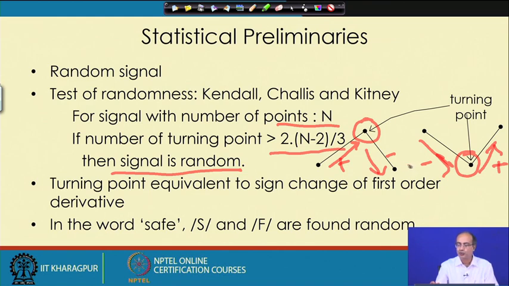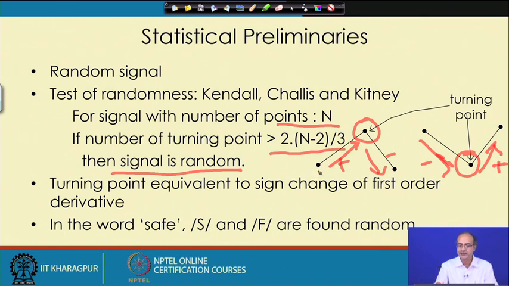So, we get that at least 3 points are needed to create a turning point in a sequence. So, the total number of turning points could be n minus 2, and as per the definition, if more than 2/3 of those opportunities are really turning points, we call it a random signal.